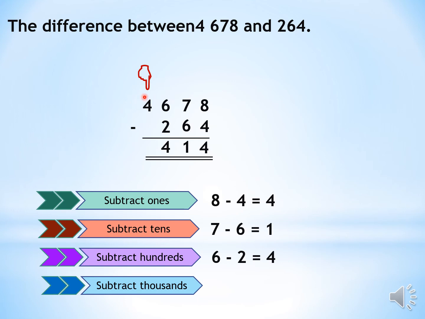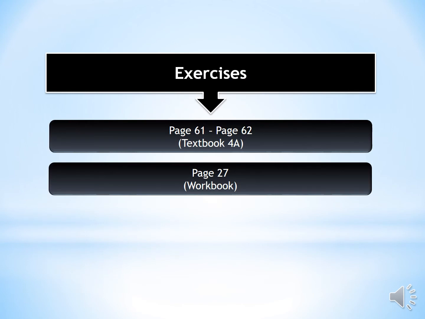No. 4000 subtract 0. The answer 4 thousands. So the difference between 4678 and 264 is 4414. We were discussing the way of doing simple subtractions. So these pages provide you so many examples and also exercises in the textbook and also the workbook. It's your work to keep them completed.